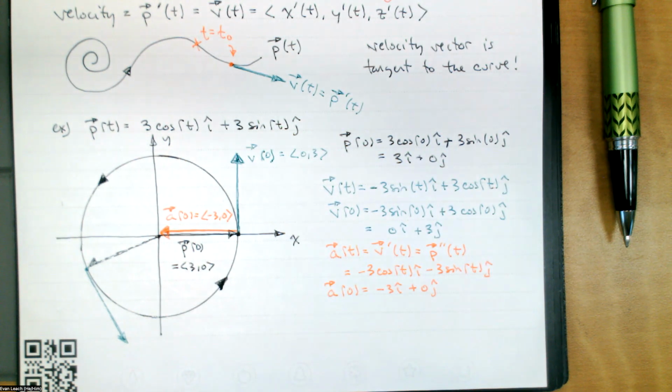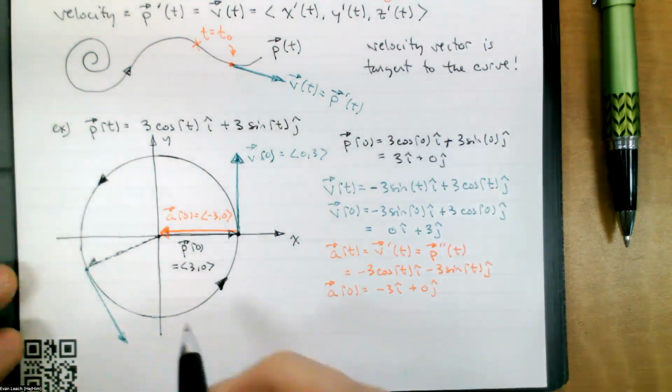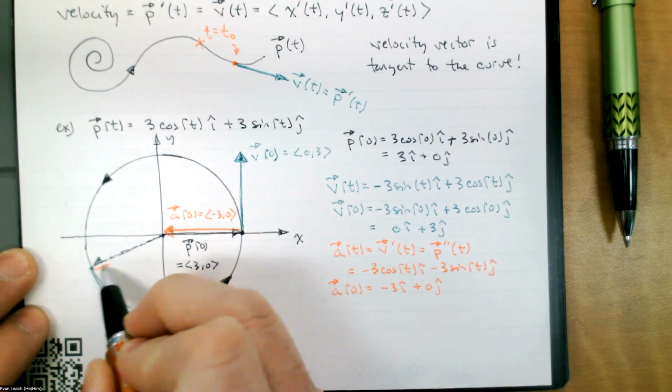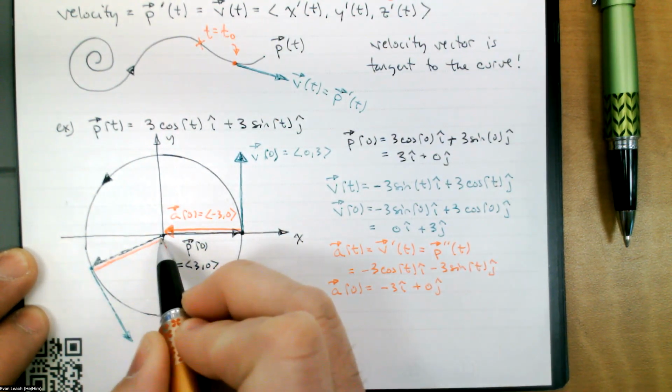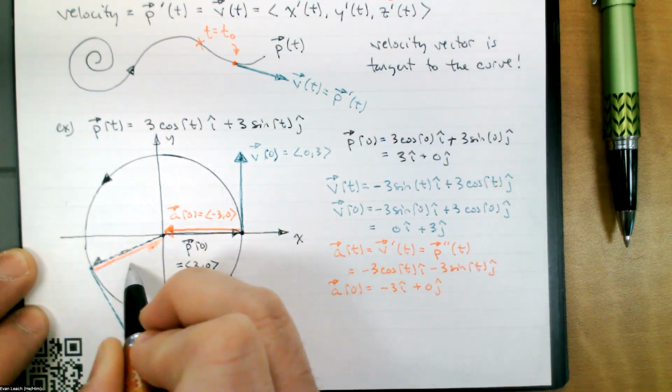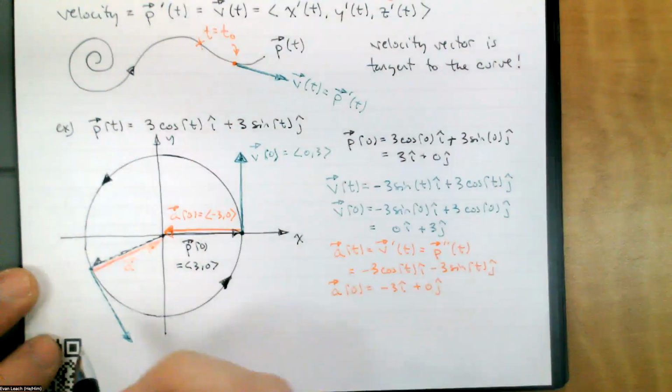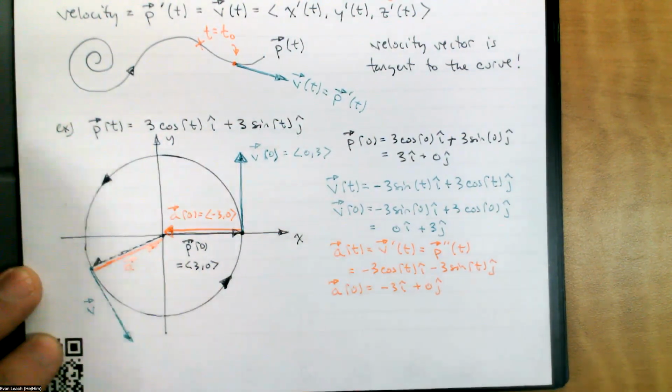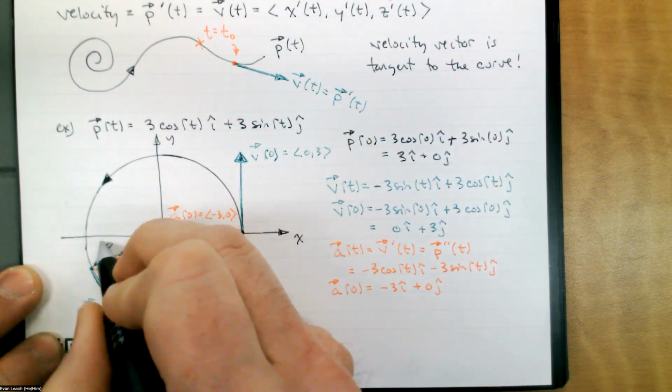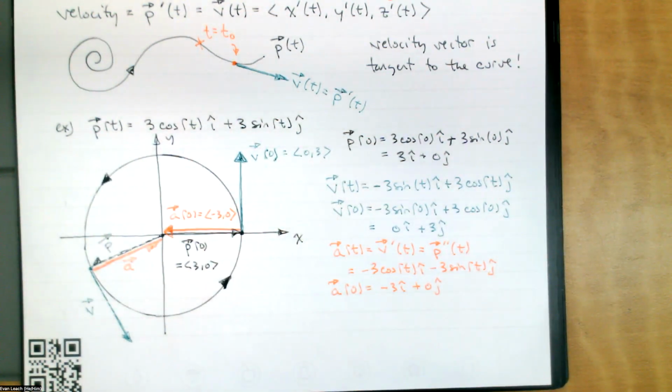Acceleration is going to want to pull this around the circle. So our acceleration is going to be pulling back towards the center. There's our acceleration, our velocity, and our position.